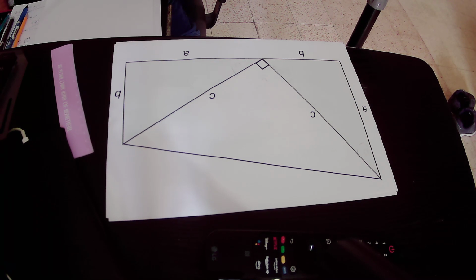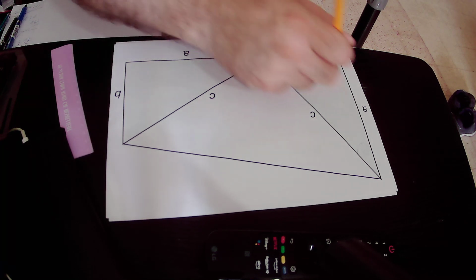So the right triangle on the right side coincides with the left right triangle, and now we will name the angle between side A and side C as alpha.